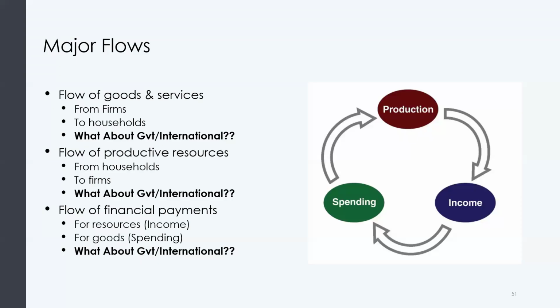And when they receive this income, what do they do? They go back to the businesses and buy the goods and services by spending the income, which is the spending flow. Right. So you will notice that the spending and the income are financial because it's money. So we call them the financial flows. The financial flows are the income portion and the spending portion.